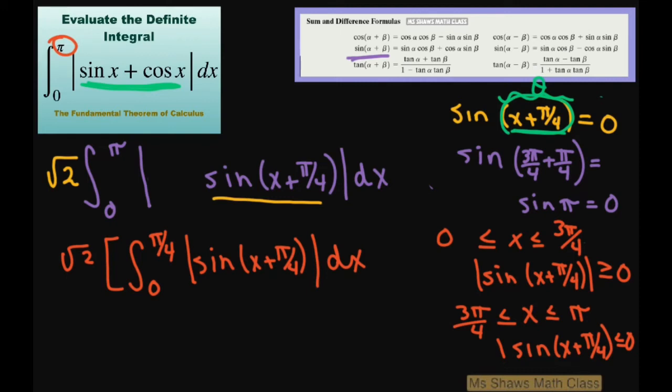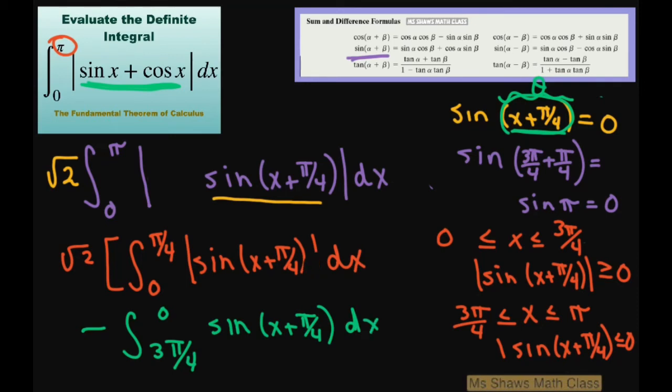So if it's negative, I write minus the integral from 3 pi divided by 4 to pi of sine of x plus pi divided by 4 dx, and I can take away the absolute value signs here.